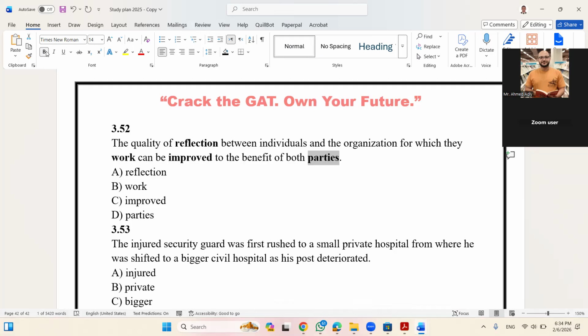Benefit from what? Benefit from the quality of what? Between the individuals.